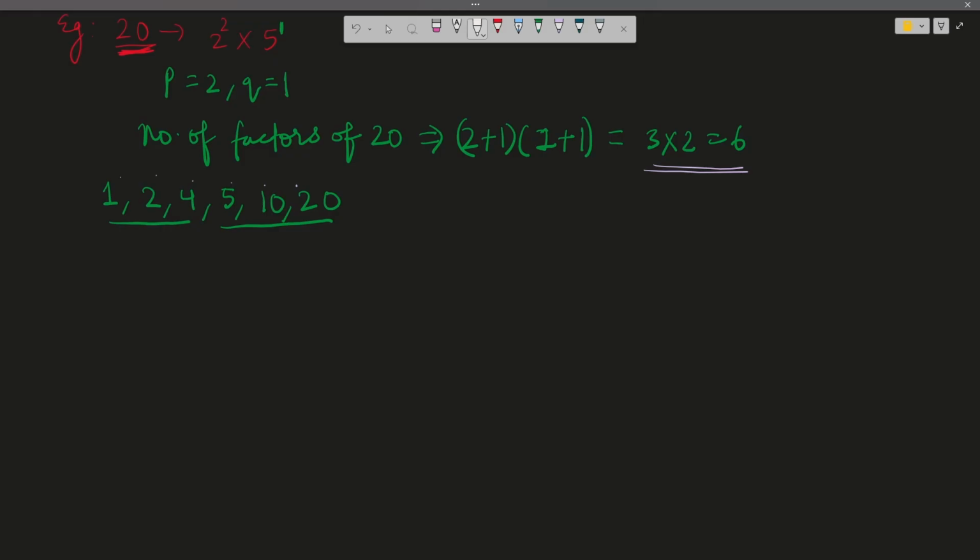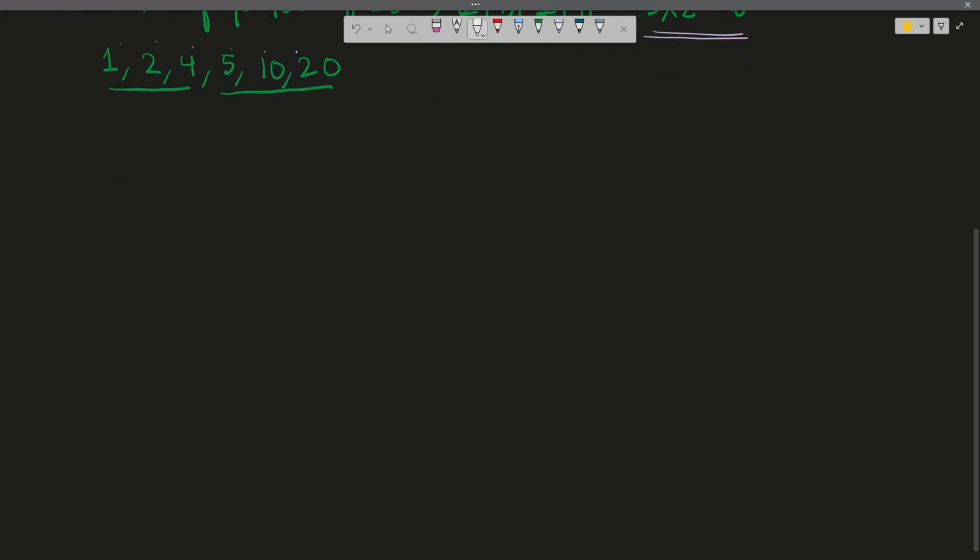Anyway, now moving on, let's take another example. Let's say I'm taking a bigger number, for example 72, right? To express 72 in the form of prime factorization, I will write it as 2 to the power 3 multiplied by 3 to the power 2.